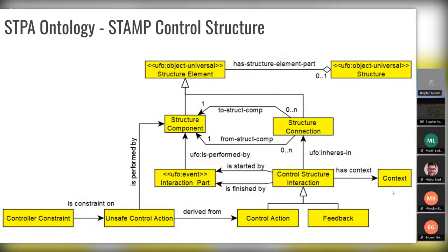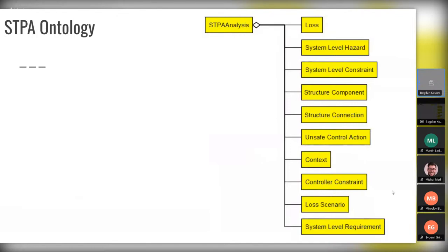Okay, so that's the control structure, and the STPA analysis really is nothing complicated, because it just has to contain all the other elements of the analysis. As I said, in the first step we have the loss, the system level hazards, and the constraints.